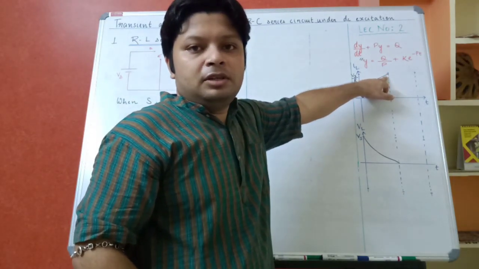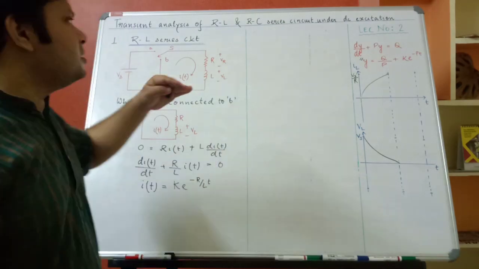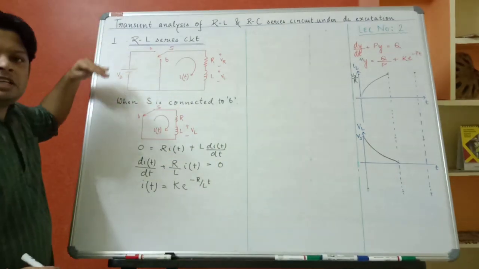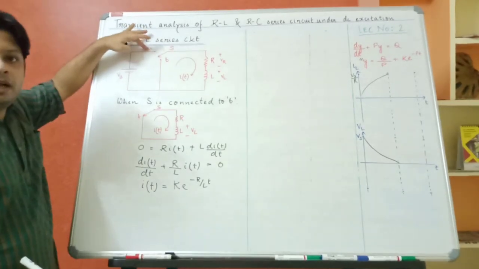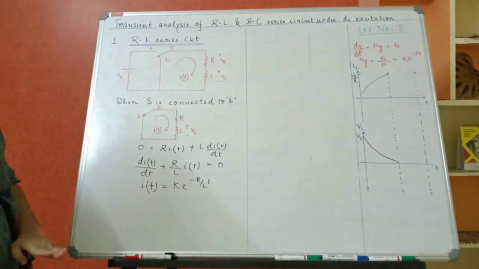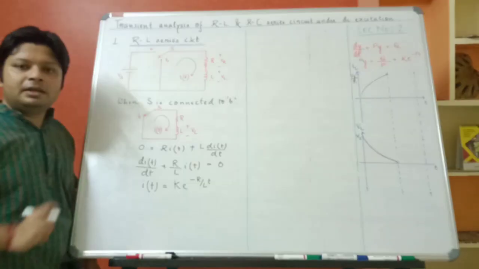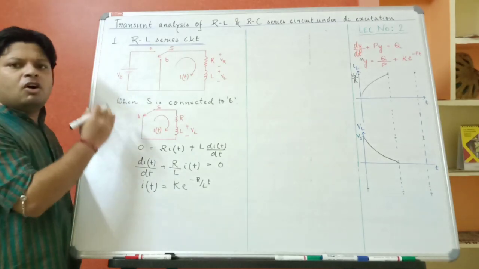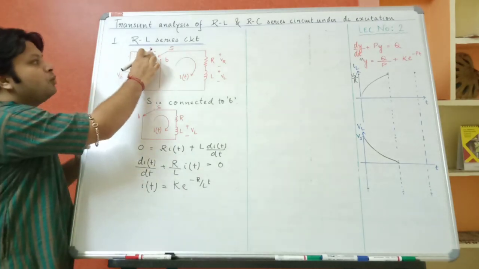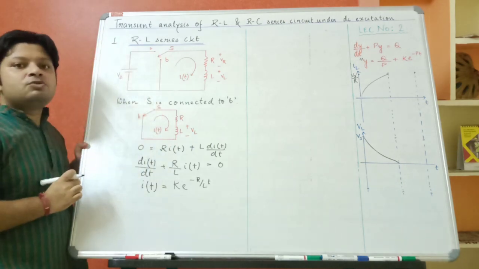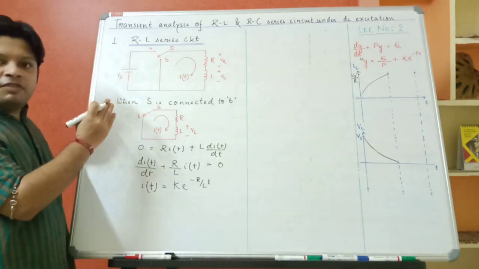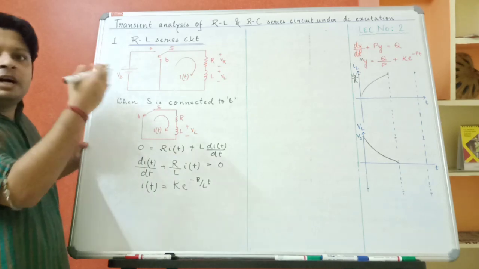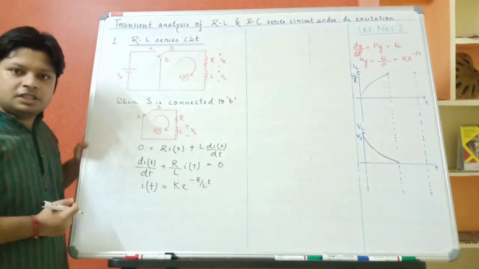Vs by R. So I can say that the circuit had reached steady state where S was connected to A, and the current flowing through the network is Vs by R. So Vs by R was the last value of the current that was flowing when S was connected to A. So the last value of the last position becomes the initial value of the present position.